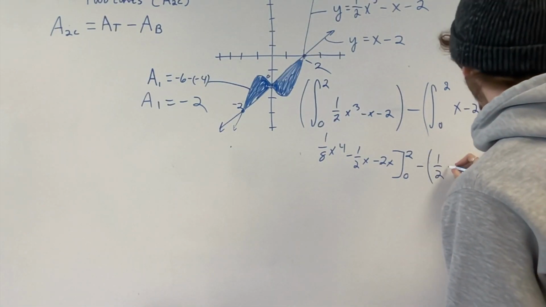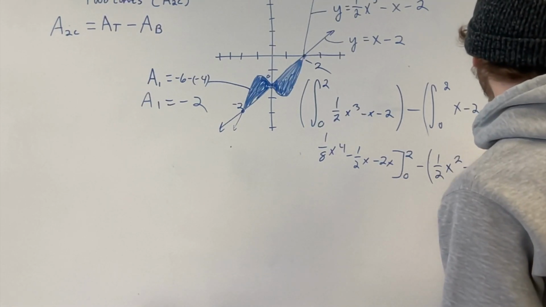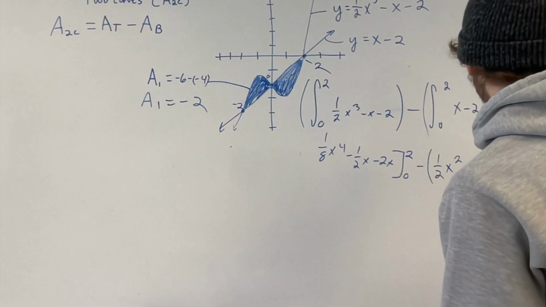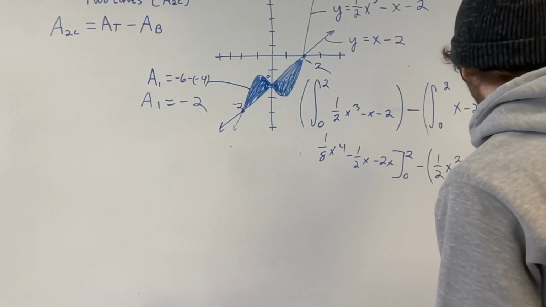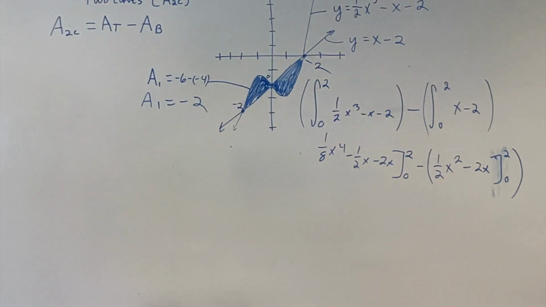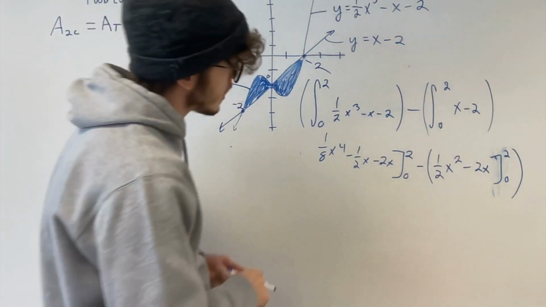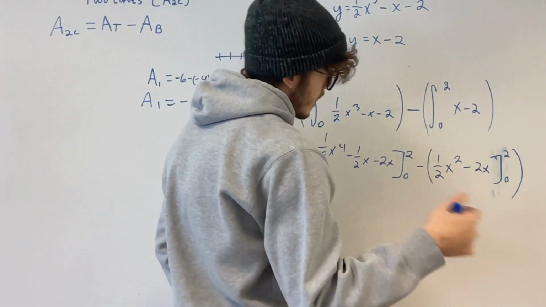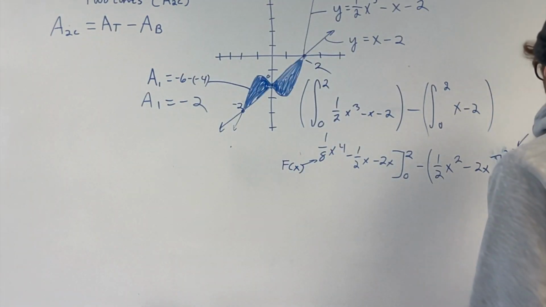It's going to get messy, but that's okay. Okay, so we have our functions here now. We just evaluate. We'll call this function big F of x, and we'll call this one g of x.